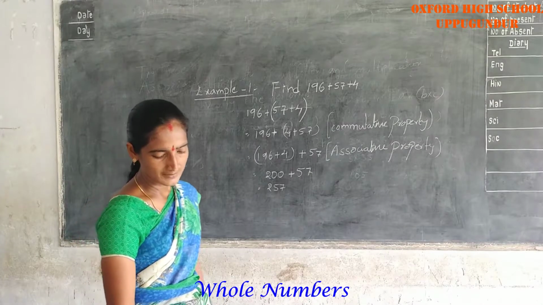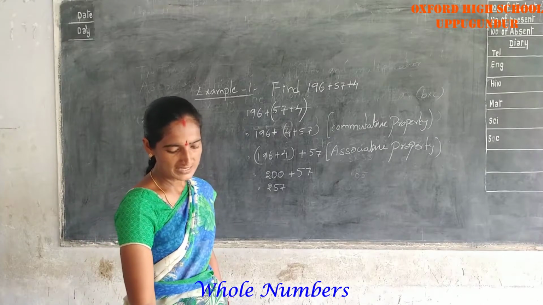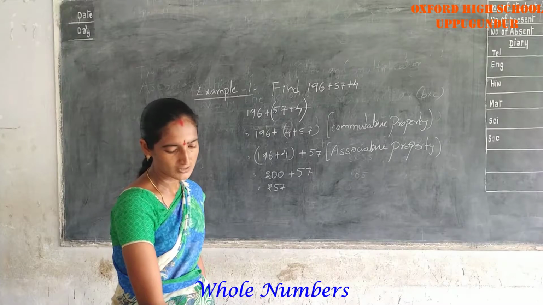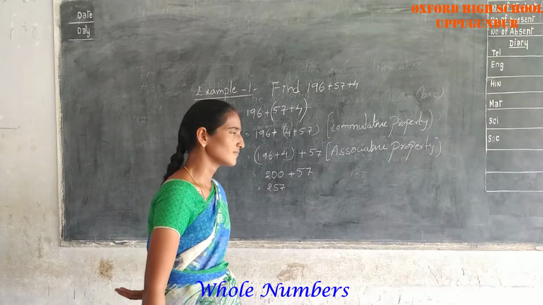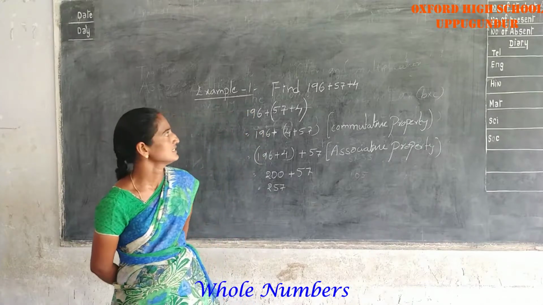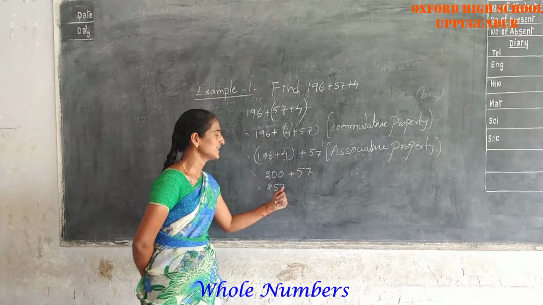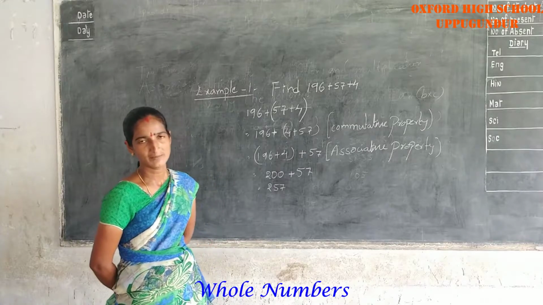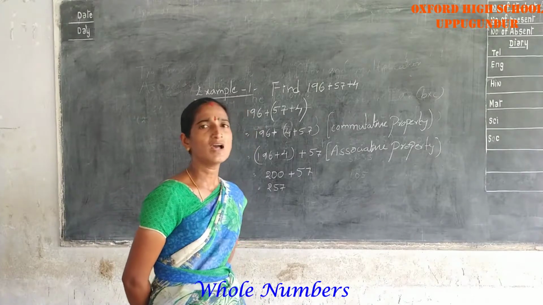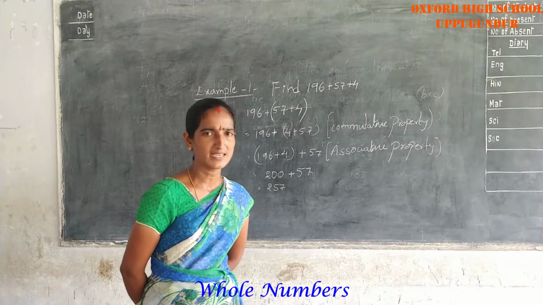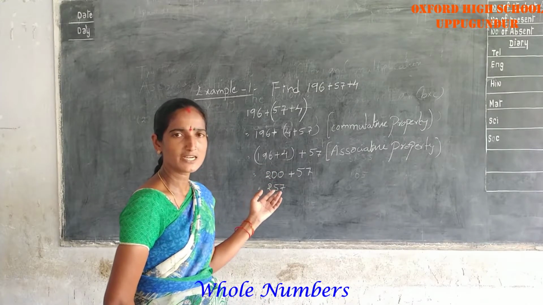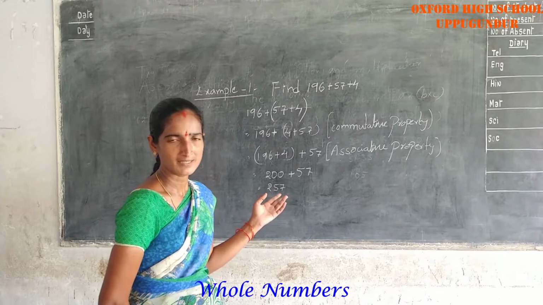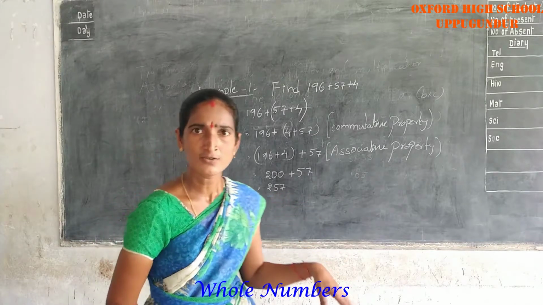Do you think using the commutative and associative property made the calculation easier? You can also take any example and substitute. This is how we use commutative and associative property. Example 1 over.